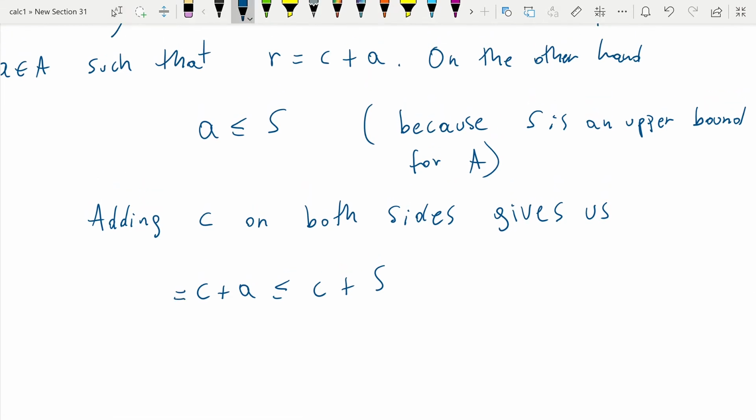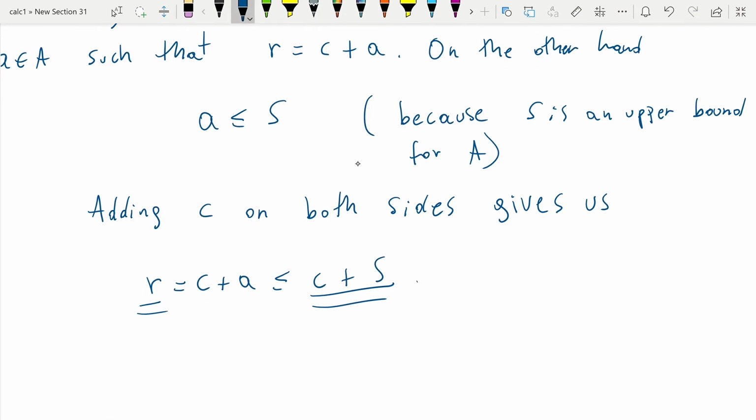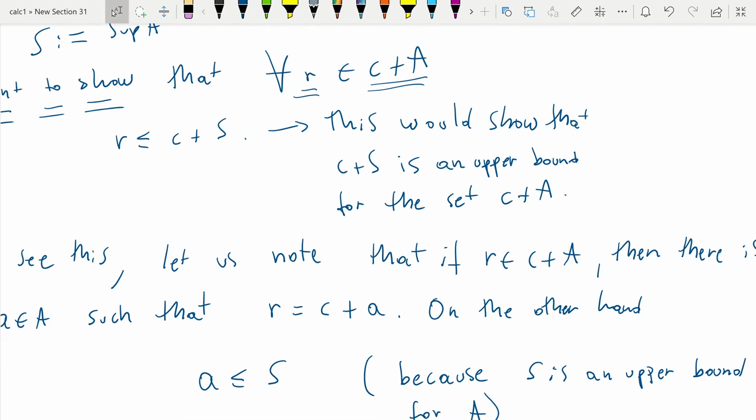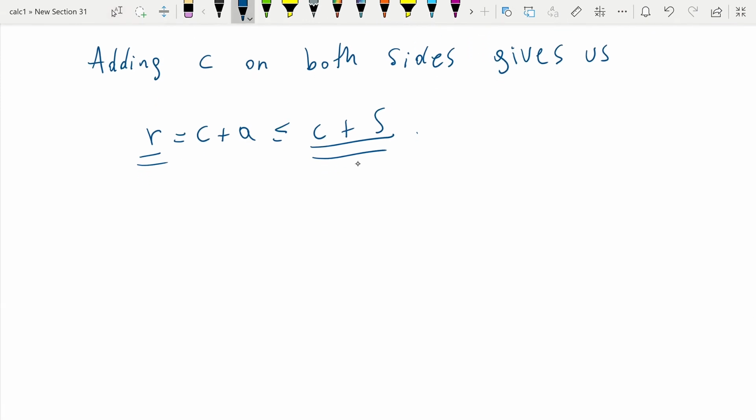It is equal to R, right? So we've shown that R is then less than or equal to C plus S. So what have we shown? We've shown that C plus S is an upper bound.